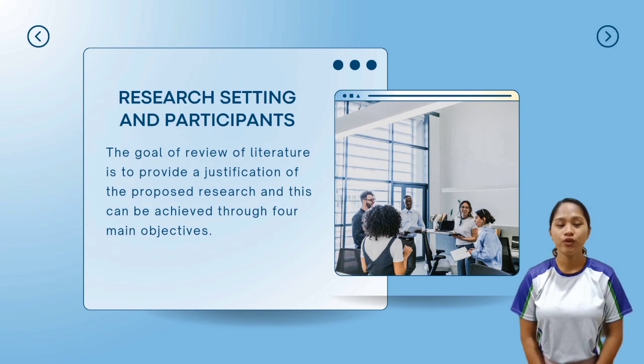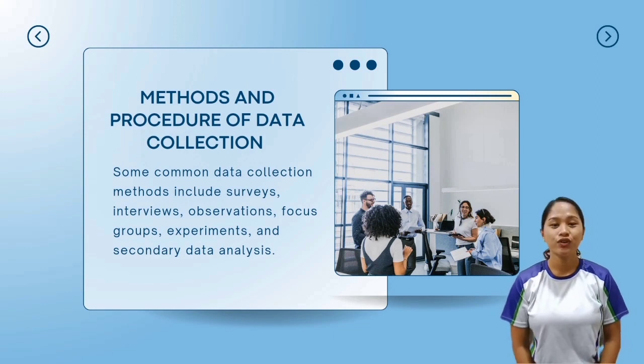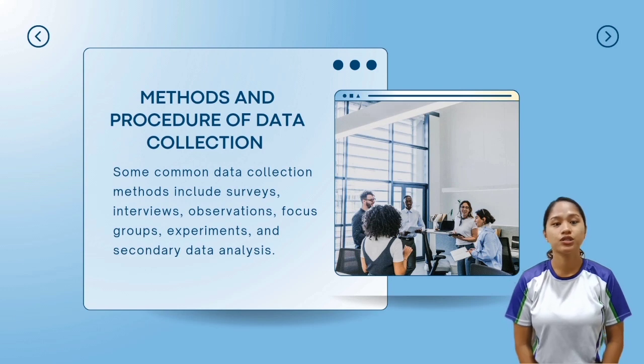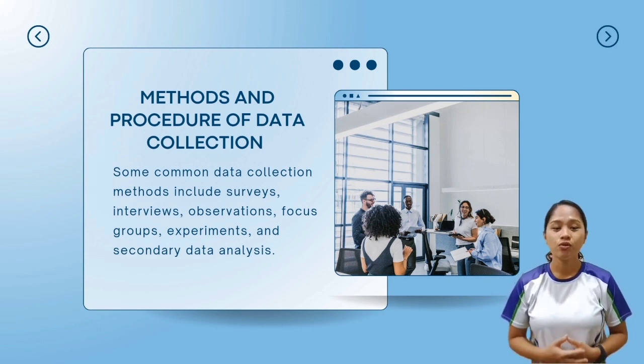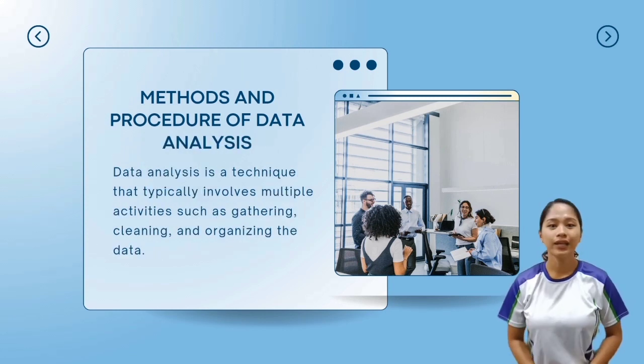The goal of review of literature is to provide a justification of the proposed research, and this can be achieved through 4 main objectives. Methods and procedure of data collection. Some common data collection methods include surveys, interviews, observations, focus groups, experiments, and secondary data analysis.